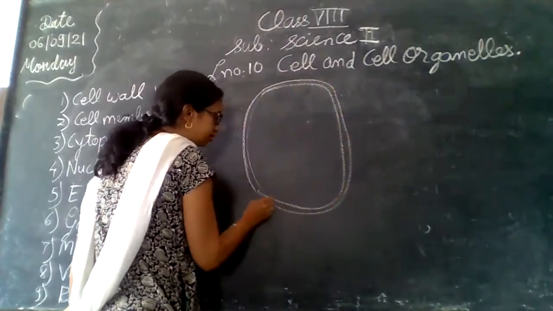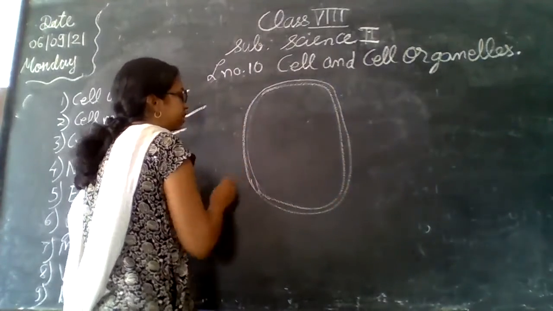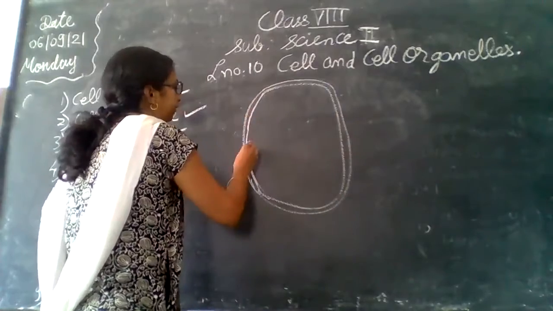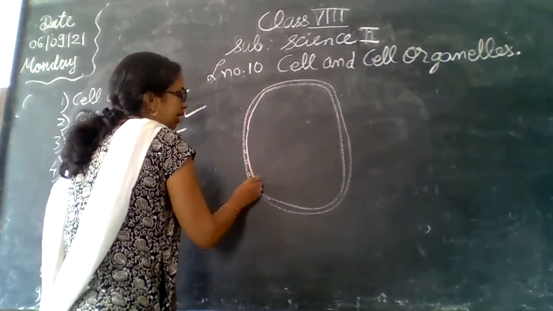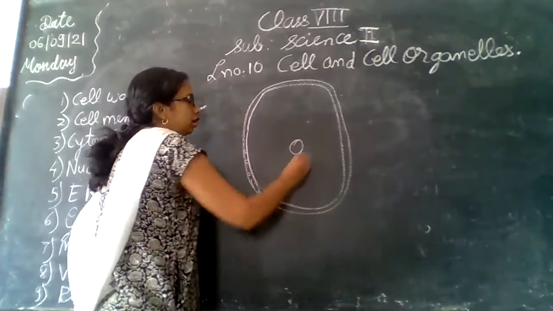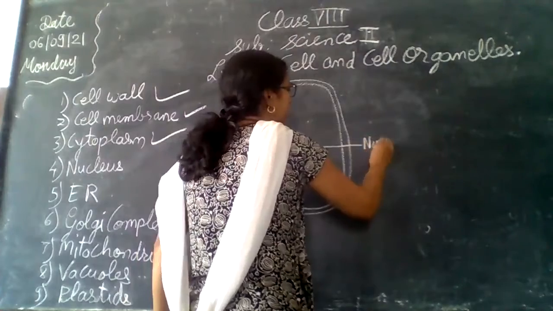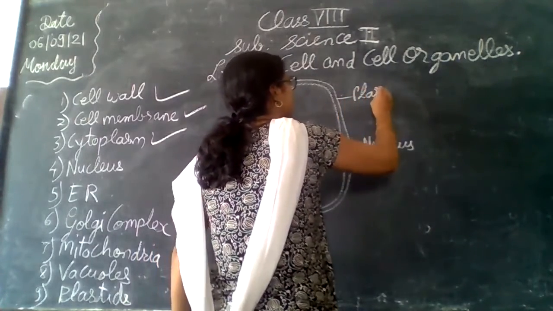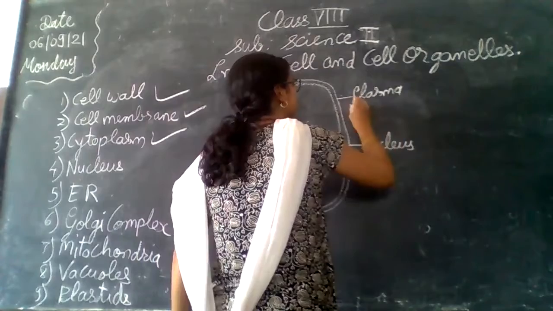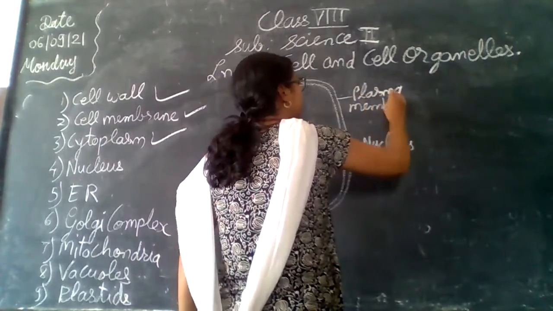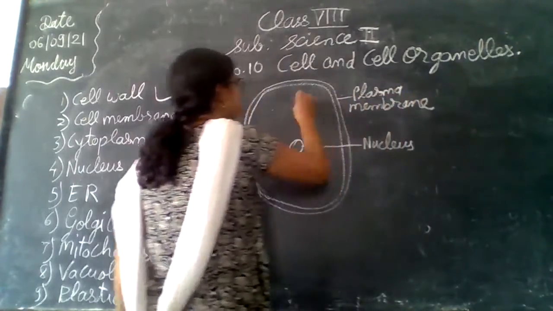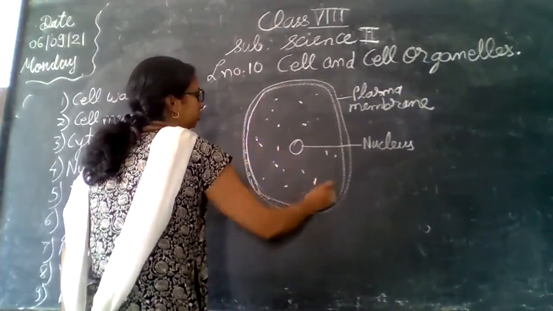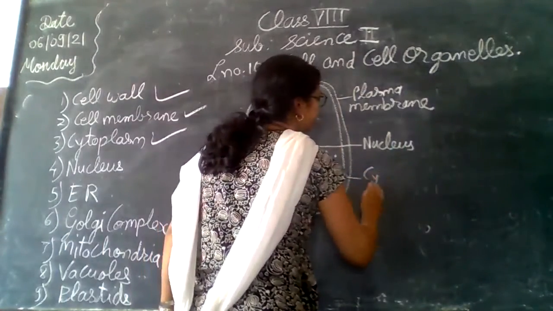The structure of the plasma membrane we have also discussed: it is a bilipid layer in which proteins are embedded, and this is the nucleus at the center. Whatever fluid is present in between is your cytoplasm.